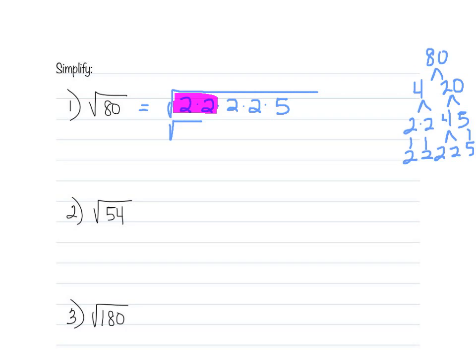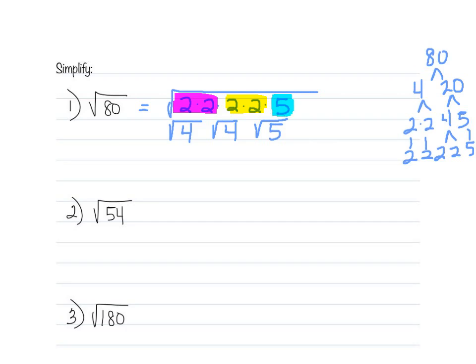So I can say that's the square root of 4, and then that can also be considered the square root of 4. And then we have the square root of 5 left over, because 2 times 2 is 4, so the radical of 2 times 2 is radical 4.